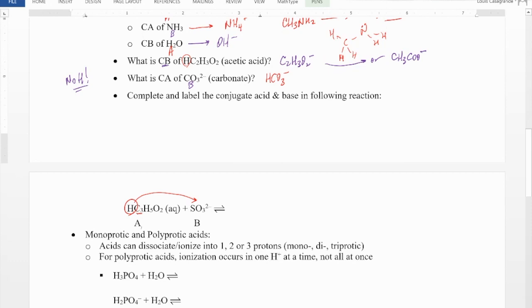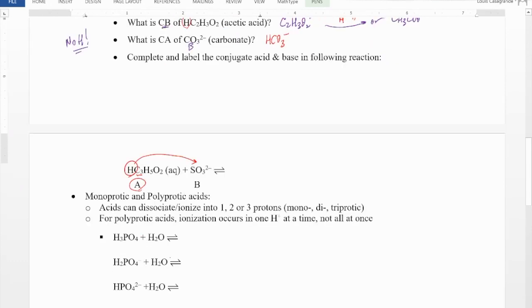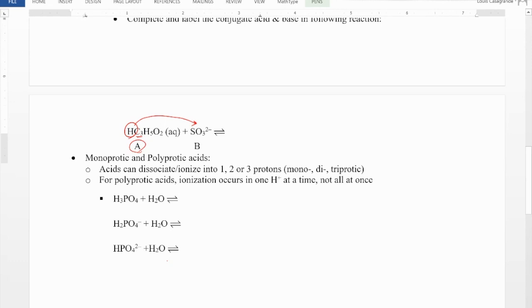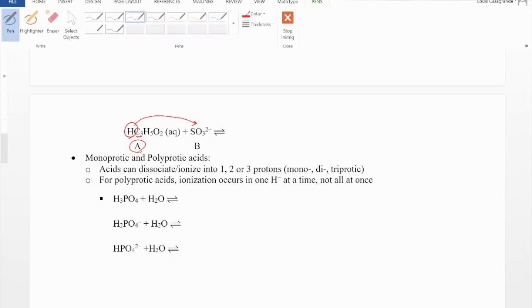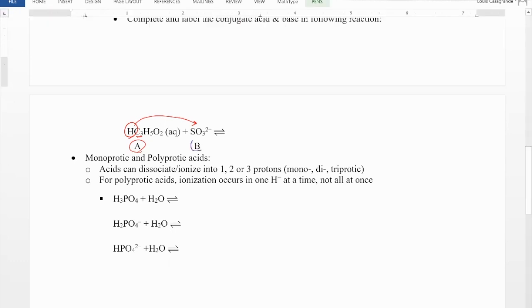Sulfite then, oh, what happened to my circle? It disappeared. I like it when that happens. So the sulfite then is the base. In the products, you should have written H5O2 minus.